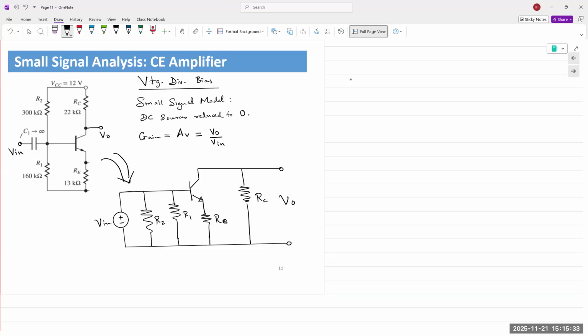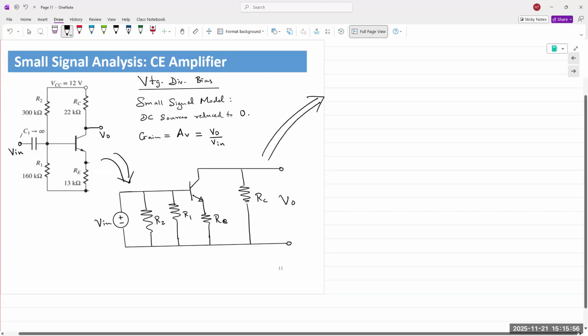And then once we simplify the circuit, you can pick and choose a small signal model and replace the BJT transistor with a small signal equivalent. We'll choose the hybrid pi model, and I can redraw the circuit to look like this.